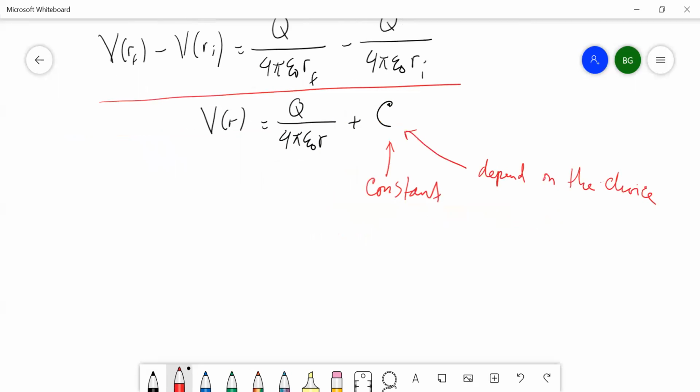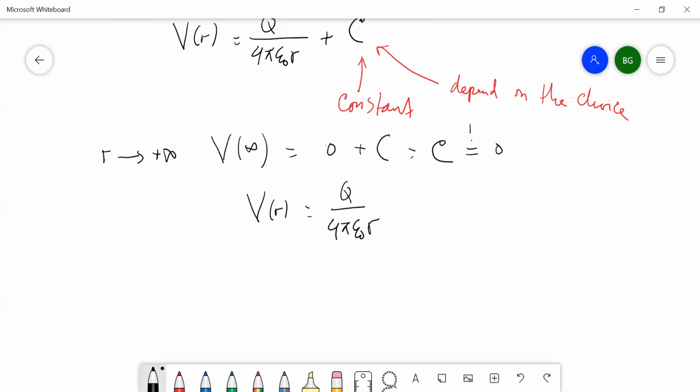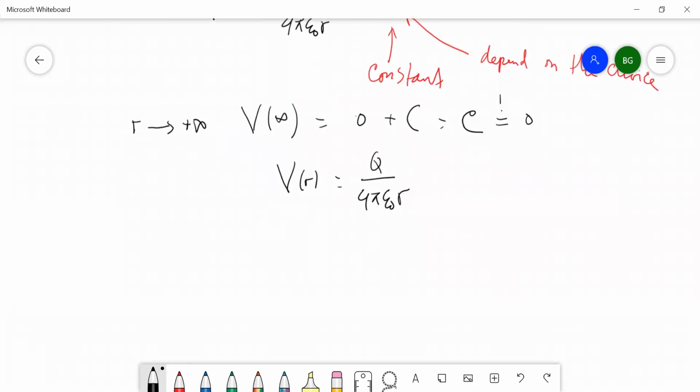For example, I could take R to infinity, this V at infinity is 0 plus constant, so this is C. You could also, for example, take C equal 0, then we get V(R) equals Q over 4 pi epsilon 0 R. Or you could also take anything, you don't have to set it to 0.